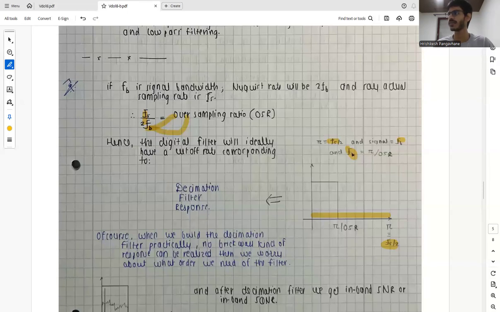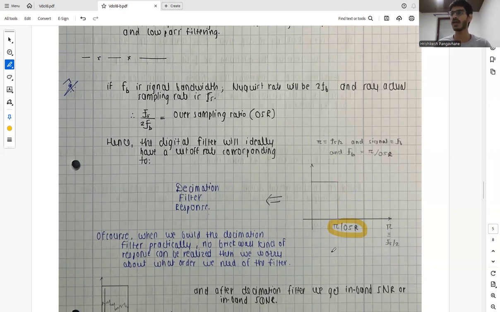So FB corresponds to pi by OSR. So the decimation filter response would look like this, where if we say it is a brick wall, then we need the bandwidth to be pi by OSR. While designing a decimation filter, we have the specification of the OSR, so we design it for a bandwidth which is pi by OSR.